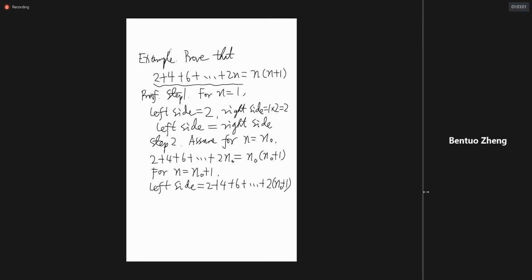So again, you need to realize in this summation, the first n0 terms is actually the assumption. So the term before 2 times n0 plus 1 is 2 times n0, and then it's 2 times n0 plus 1. So this is the part where you need to use the assumption.